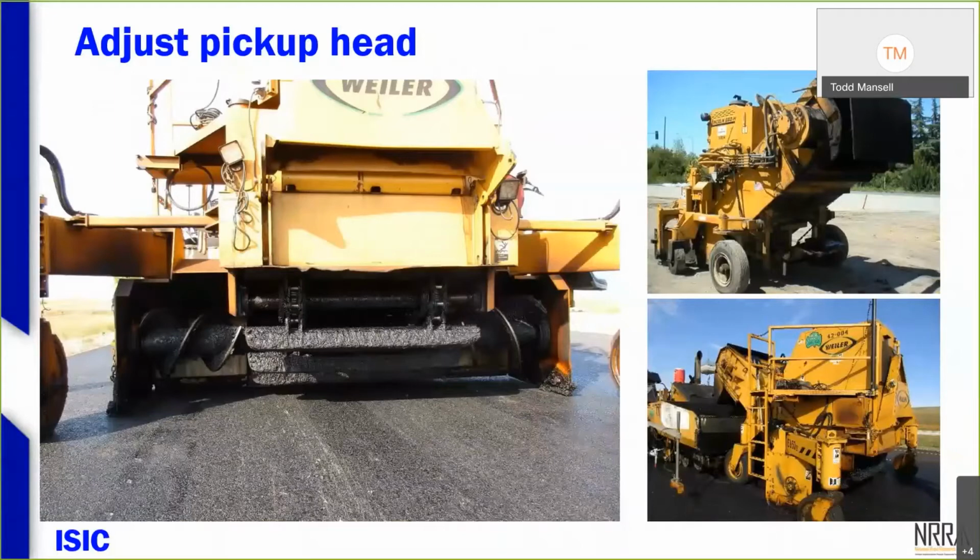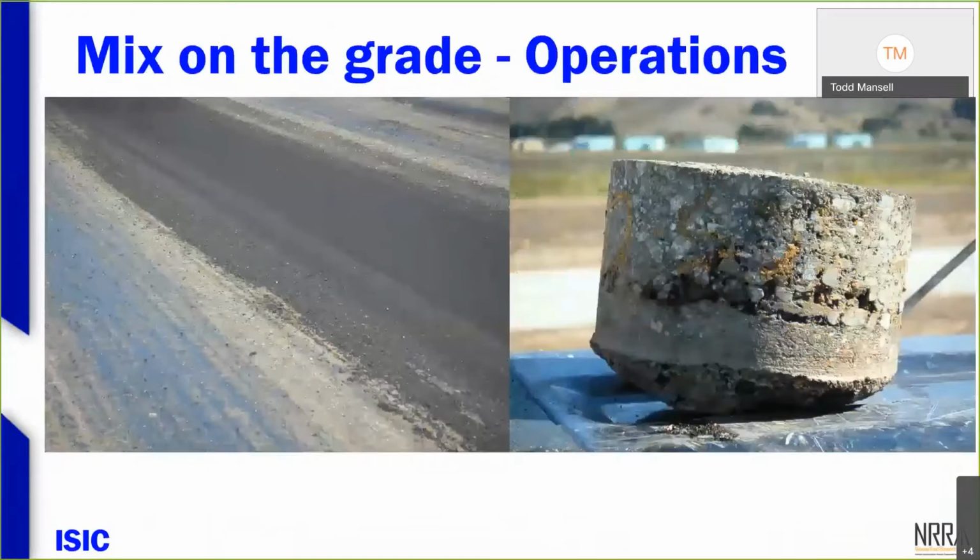Again, if we're doing windrow paving, what happens if that material is not picked up clean off the grade? That picture on the left there is material where the scraper wasn't adjusted as well as it could have been to pick up the mix or windrow.